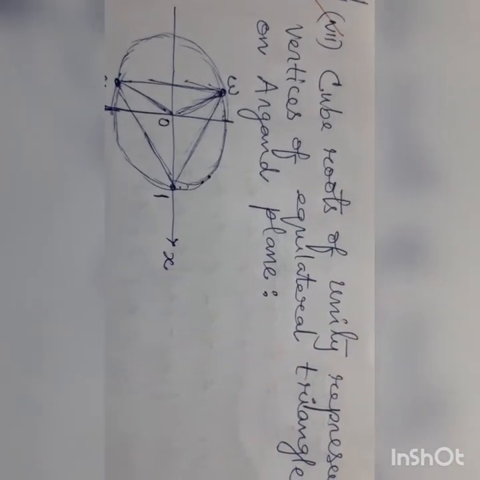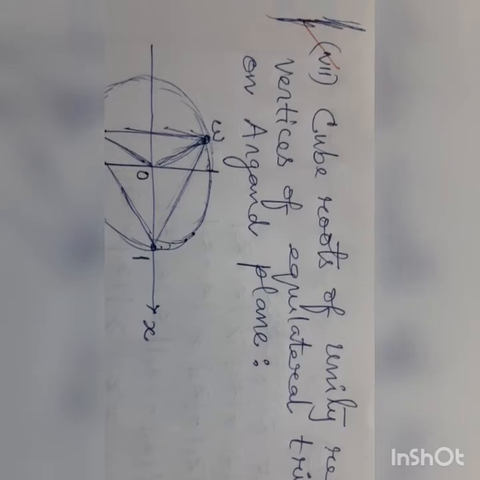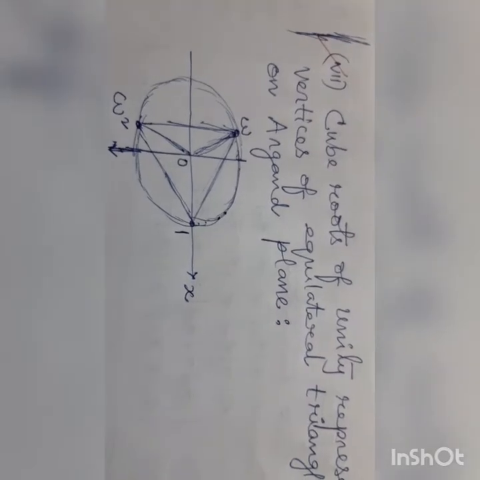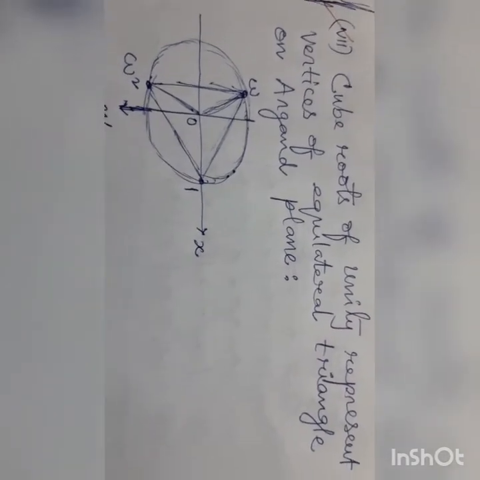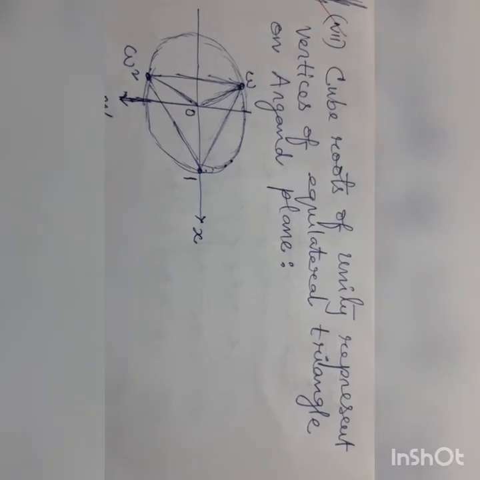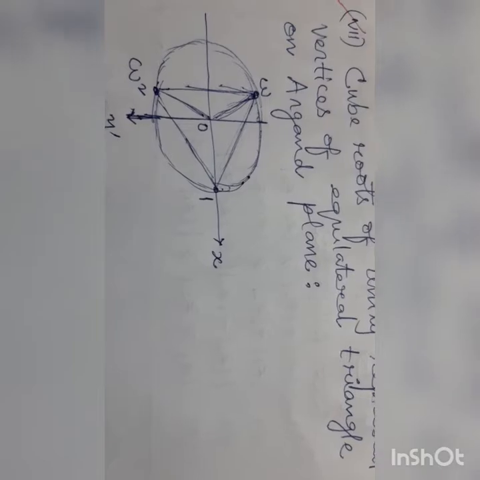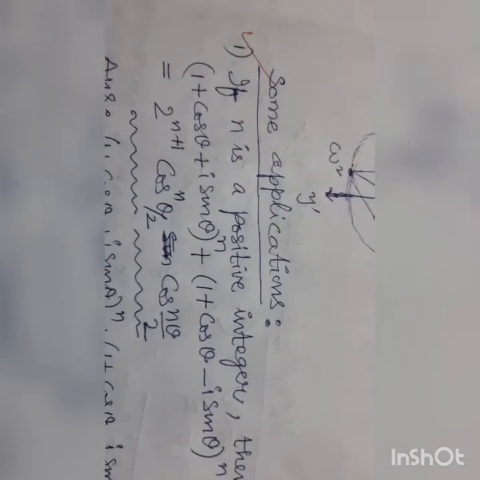Cube roots of unity represent vertices of an equilateral triangle on the Argand plane. We can prove it. The proof is for intermediate, but for competitive examinations the result is very important, so remember it.